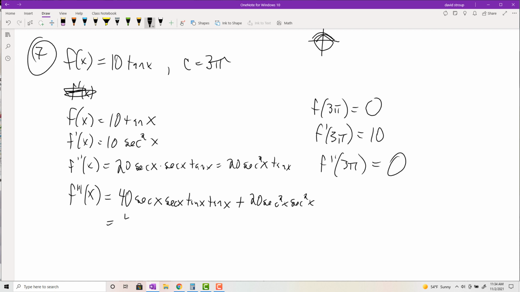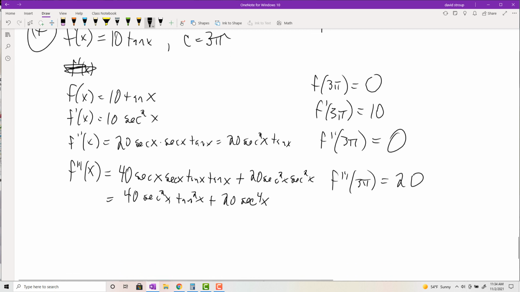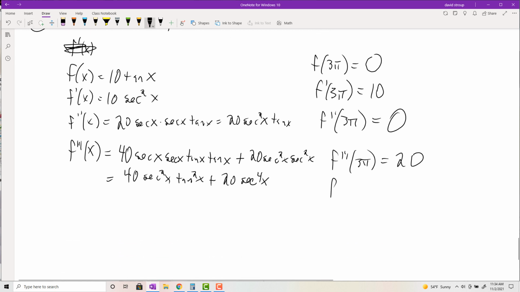So this will be 40 secant squared x tan squared x plus 20 secant to the 4th x. So the third derivative evaluated at 3 pi will be, looks like, 20. Then the 4th derivative of 3 pi.